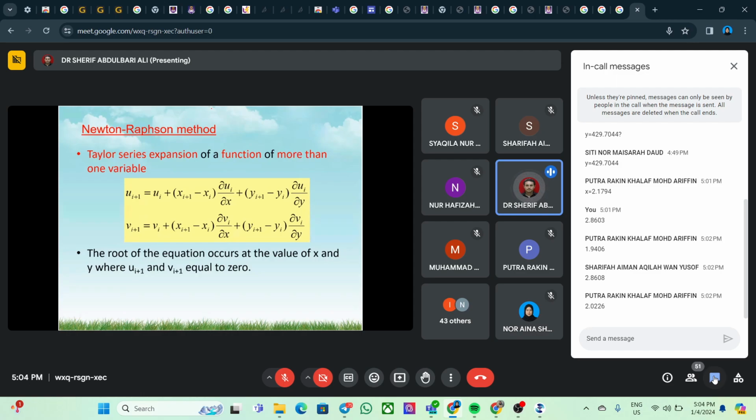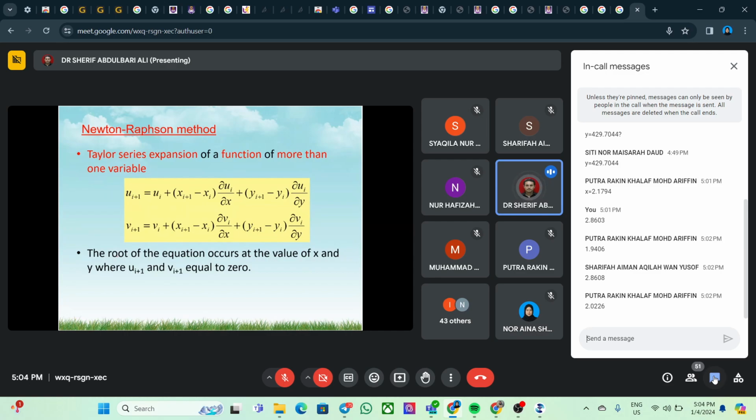So this method is based on the Taylor series expansion for a function of more than one variable. This is how to solve it when you have a function with x and y. So you have two functions and two variables, x and y.